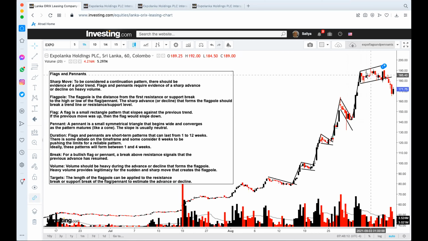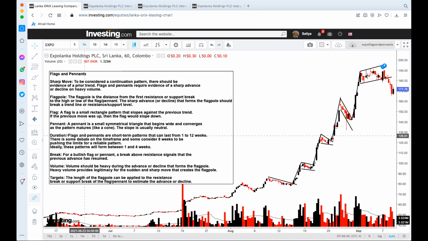The difference between these channels or symmetrical triangles in isolation and in flags is purely the duration, right? These flags and pennants are short term compared to the symmetrical triangles and the other ascending and descending triangles.